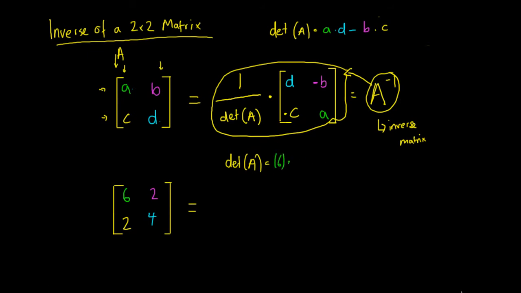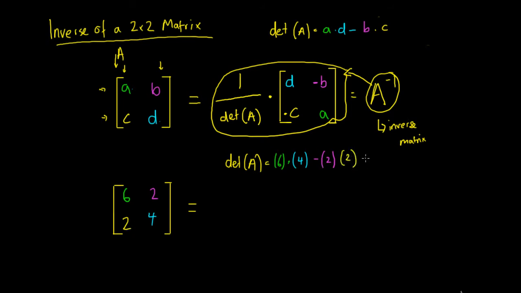We multiply that by our D, and then we subtract our B multiplied by C. So our B is 2, and our C is 2.